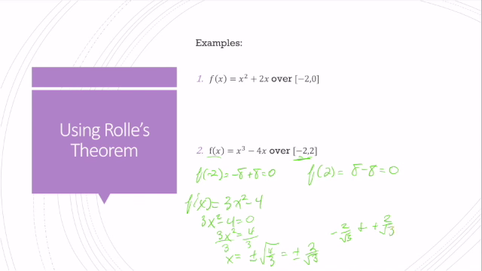Because this is a cubic, we're kind of shaped like this, or this, depending. So negative 2 over square root of 3 is going to be my local max, if I plug that in, and positive 2 over square root of 3 is going to be my local min.